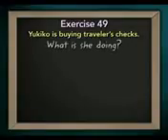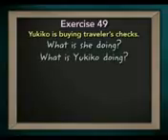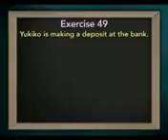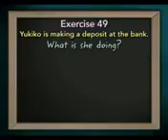So, what is she doing? Or what is Yukiko doing? Yukiko is making a deposit at the bank. You could write, what is she doing? Okay, good. Put your program on pause, look at the study guide, and continue the exercise. Then return here.